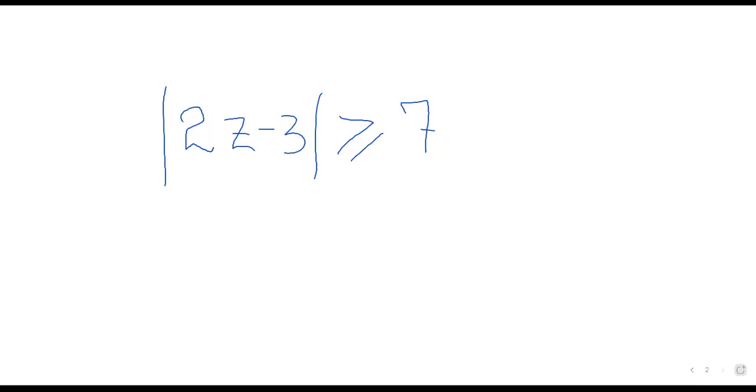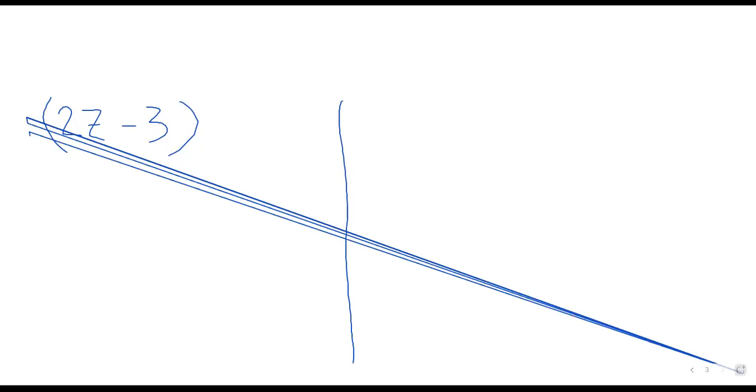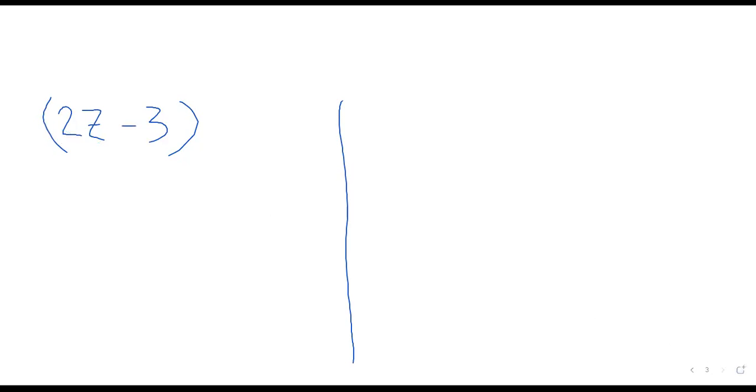What I mean to say is that this is the line dividing them. On the left-hand side, we put the positive one, that is the next step, 2z minus 3. So this is the positive sign we are taking, and it is greater than or equal to 7.